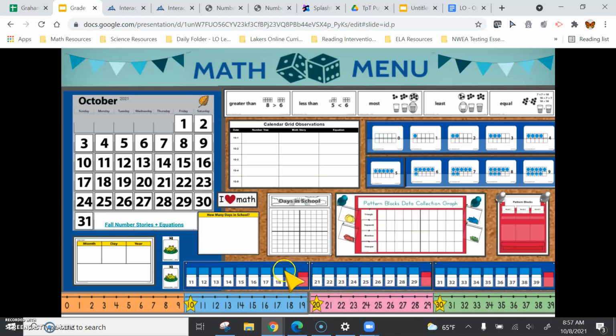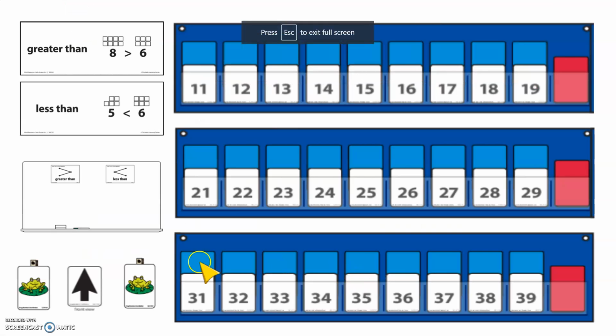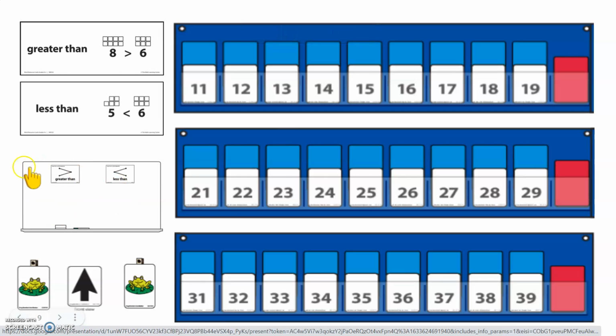I want to introduce something new to you, and I think you'll really, really enjoy it. We have these symbols here. We have this symbol, which we call the greater than symbol, and it looks like a sideways V that's been tipped over a little bit. Greater than.